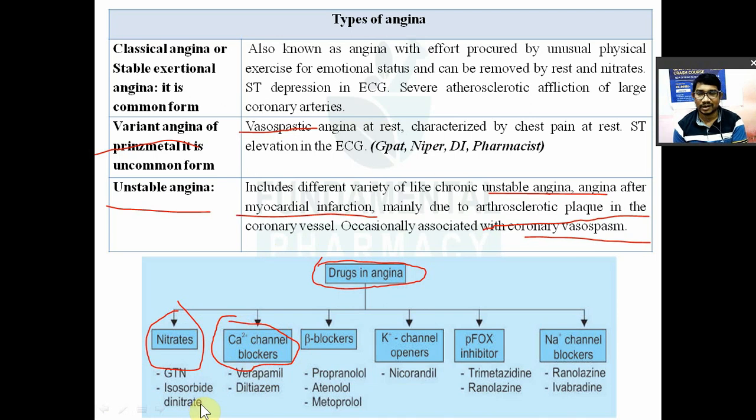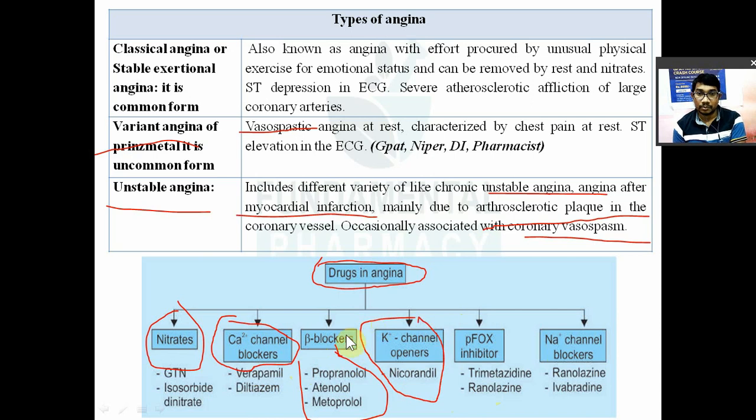So verapamil, diltiazem, nifedipine, amlodipine, nicardipine. Then beta blockers. So beta blockers, they will decrease the workload on heart. Propranolol, atenolol, metoprolol, and other beta blockers, right? Then potassium channel openers, they are again vasodilator, nicorandil, pinacidil, etc.